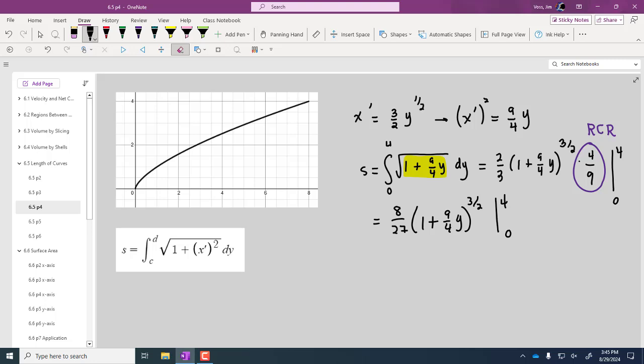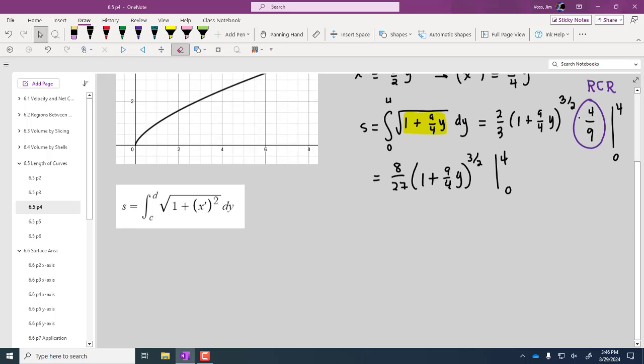Oh, you wrote 2/3 instead of 3/2. That'll make it different. That'll make it different for sure. Is it 3/2 minus 1 or 2/3 minus 1? It makes a big difference.